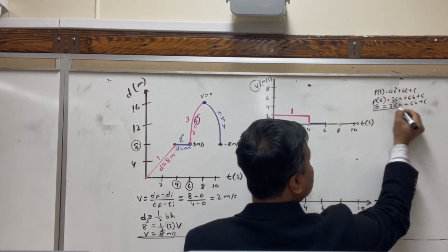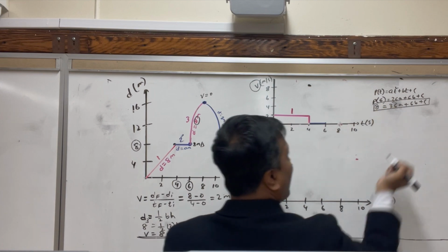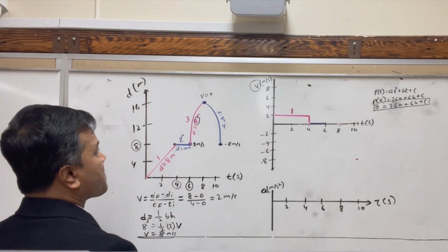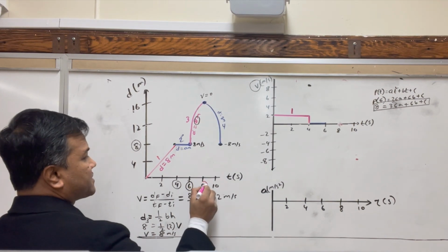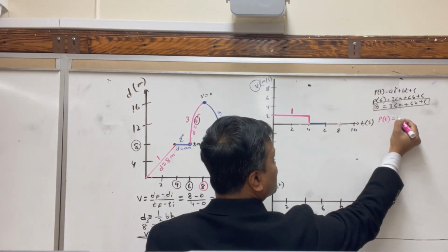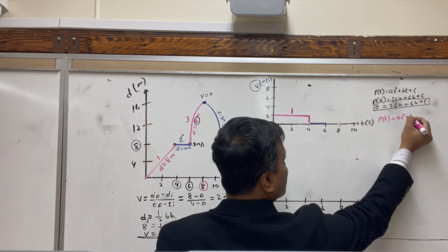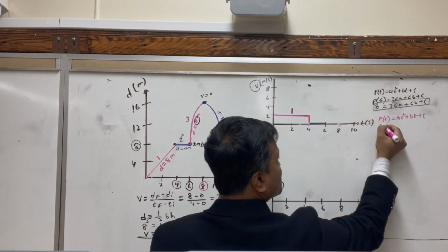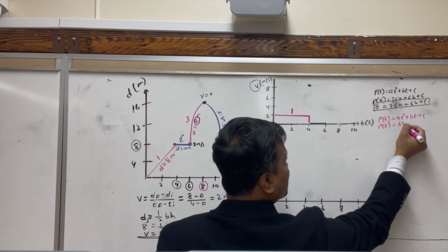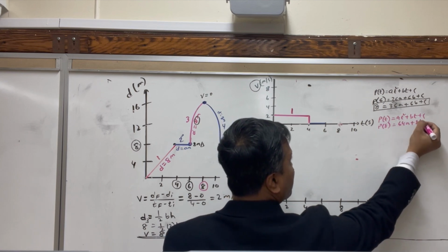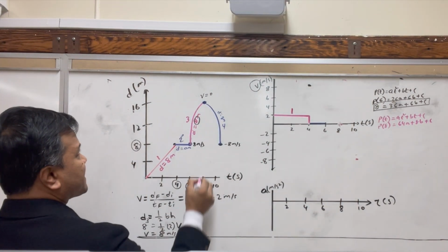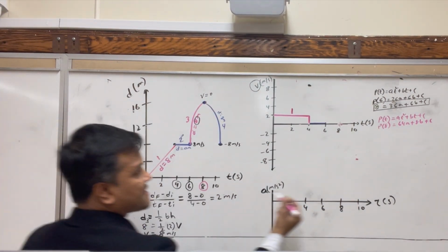All right. So this is our first equation. The second one, we're going to use now 8. So P of t is equal to at squared plus bt plus c. So P of 8 is 64a plus 8b plus c. At P of 8, distance is 16.